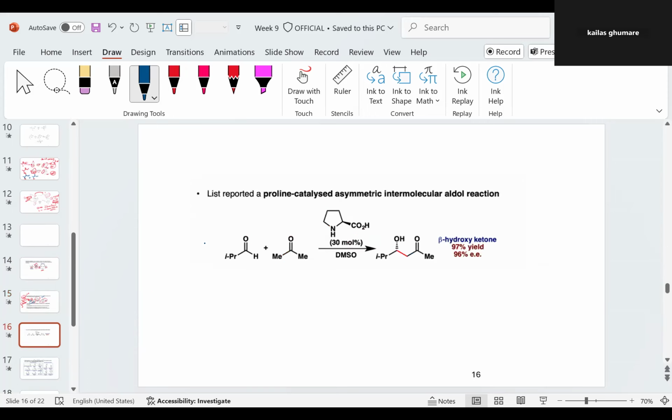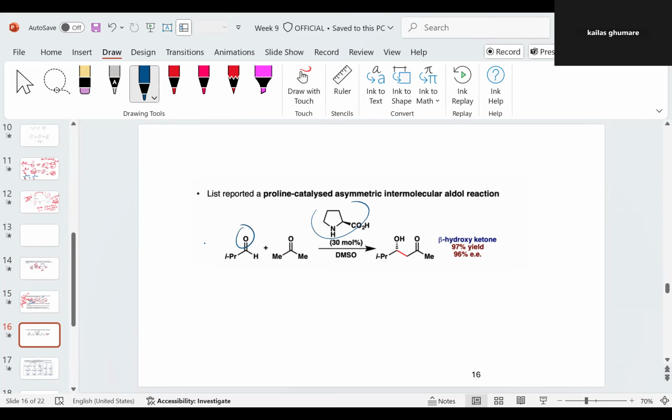So here is another example, which is the proline catalyzed asymmetric intermolecular aldol reaction. In this example, the proline forms an enolate, so preferentially reacts with the aldehyde.